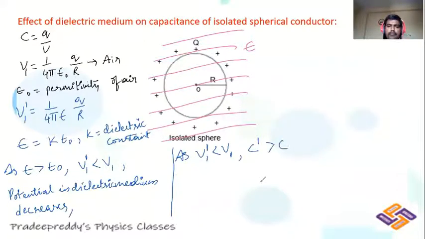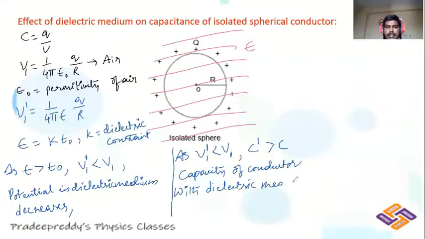So as potential decreases, the capacity of the conductor with dielectric medium increases. Now let me show you how.